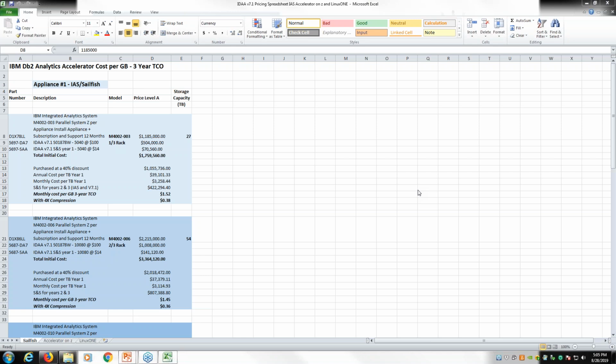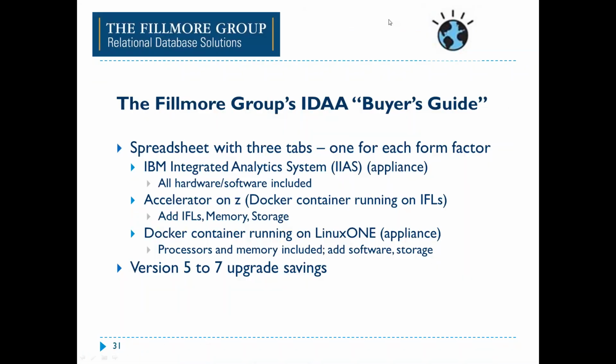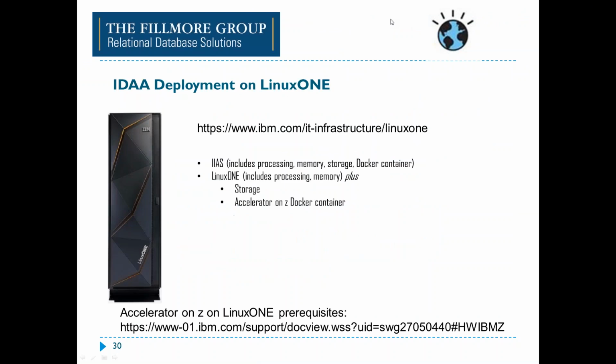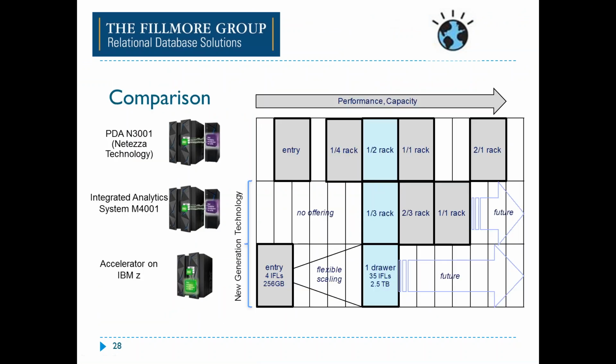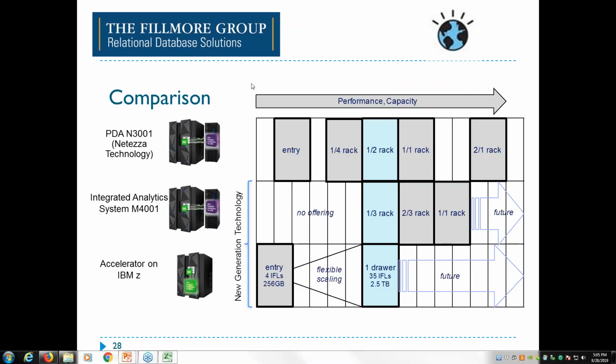You bet. So a couple of questions have come up. One is from Donnie Cox. He says, so am I understanding it correctly that if we currently run a half rack on the N3001, it will take us 35 IFLs on Z to be at the same performance level?